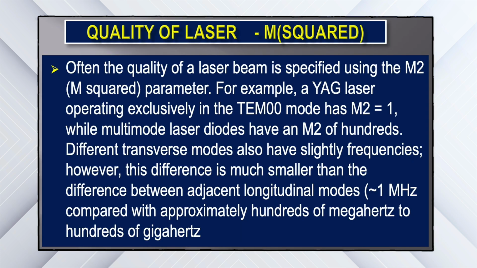Very often we define something called M square about the quality of the laser beam. For TEM00 mode, M square will be 1, while multi-mode diodes will have M square, some of them will be 100. All these problems are always there, particularly for diode laser.